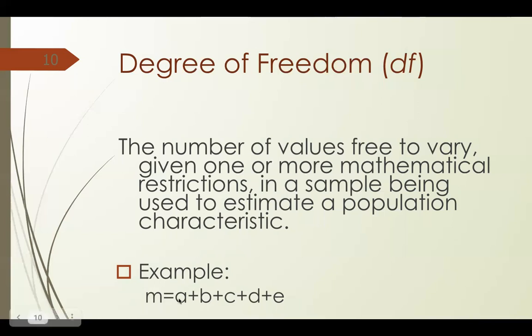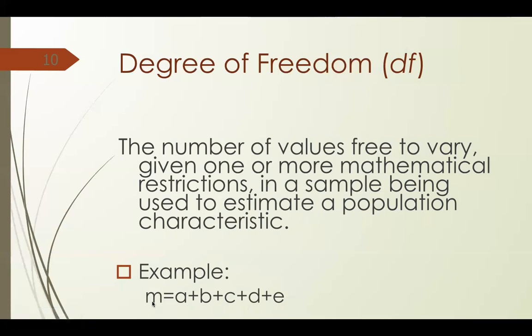For example, we have a formula here: the variable M equals A, B, C, D, and E. You already know the value of M, and you are going to distribute and allocate numbers into these 5 categories, A, B, C, D, E. You start giving them numbers, A, B, C, and D. Once you have these 4 decided, the 5th one is automatically decided because your sum, this M value, is already decided.